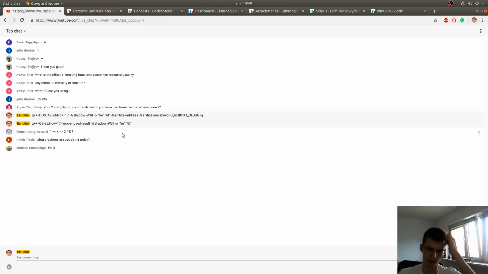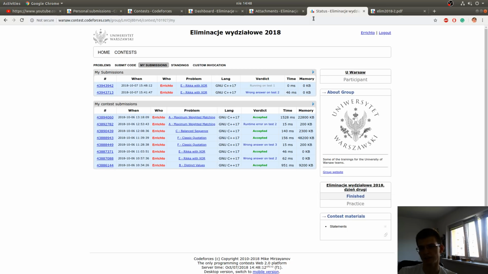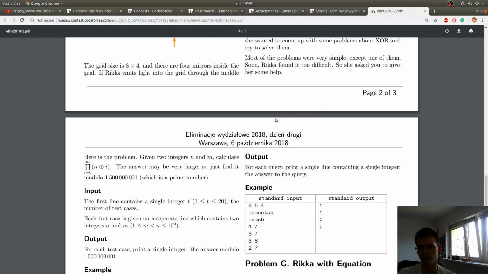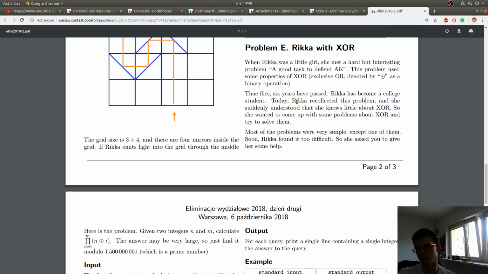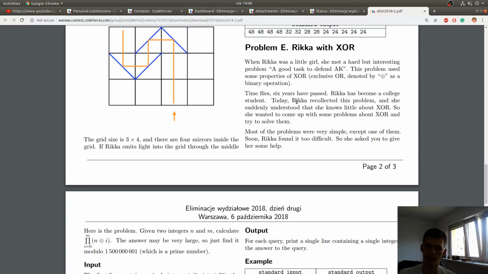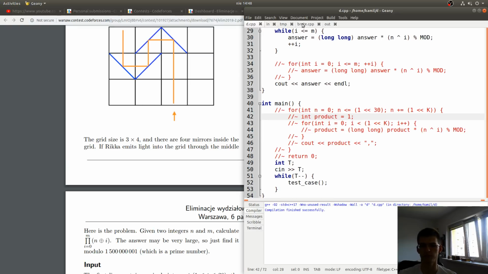What problems am I doing today? I started by showing some problems from our university contest. So we started with a problem about summing XORs. Unfortunately, as I said, you can't access these problems, but what you can do to check if your solution is correct is do what I did.